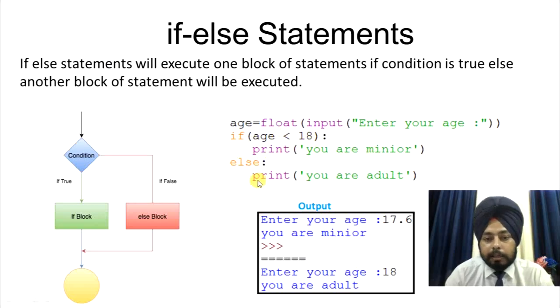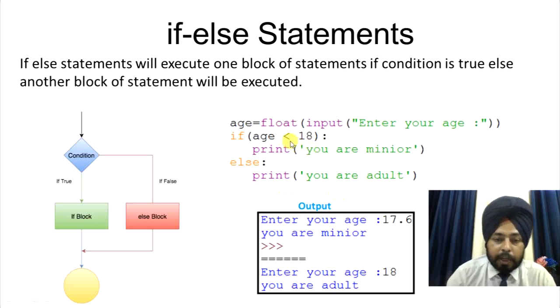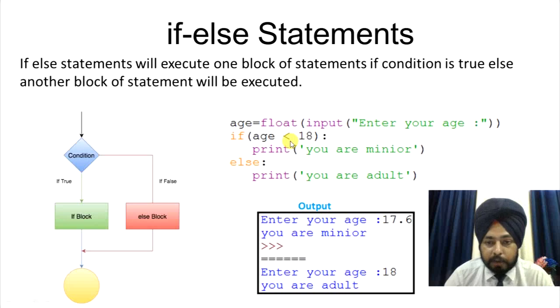Else print you are adult. Means to say, if you enter your age and it is less than 18, then it will print you are minor. If you enter your age more than 18, then it will print you are adult.